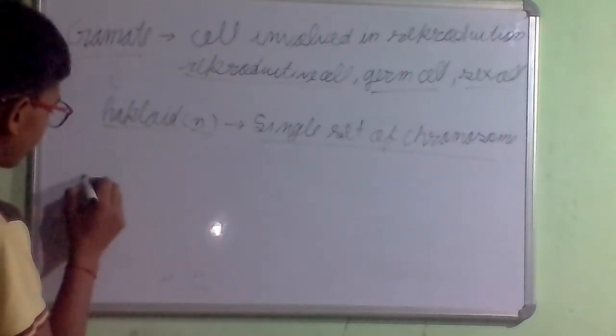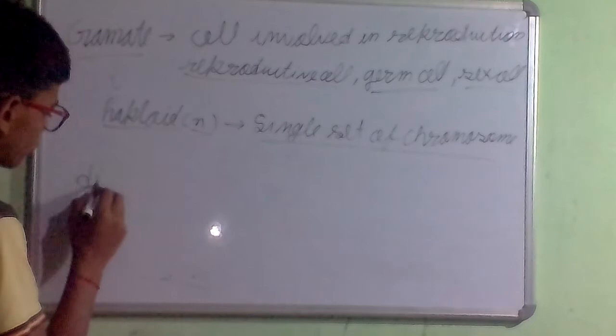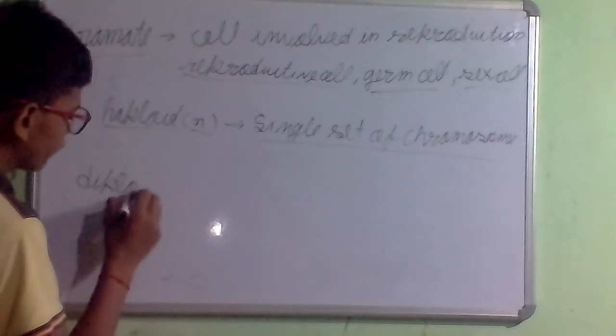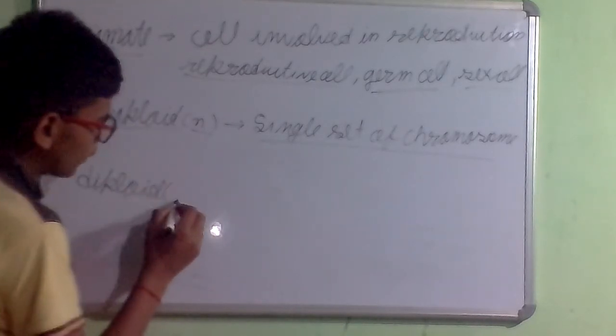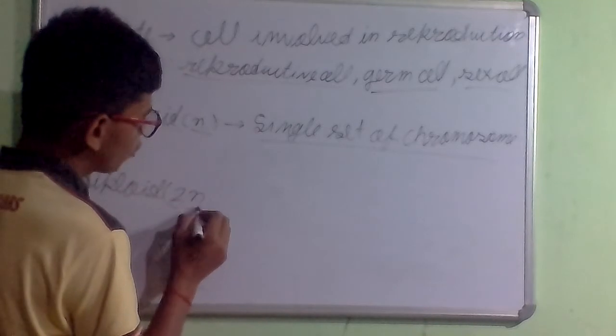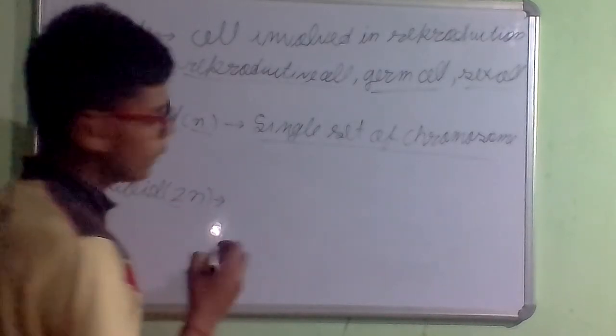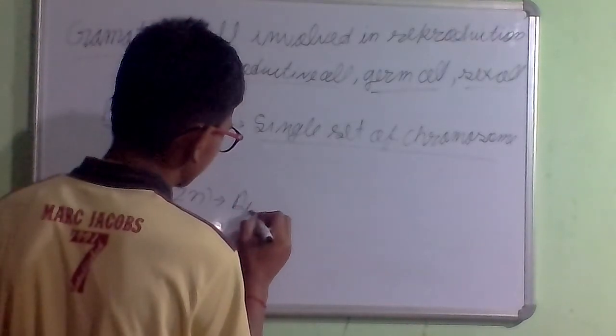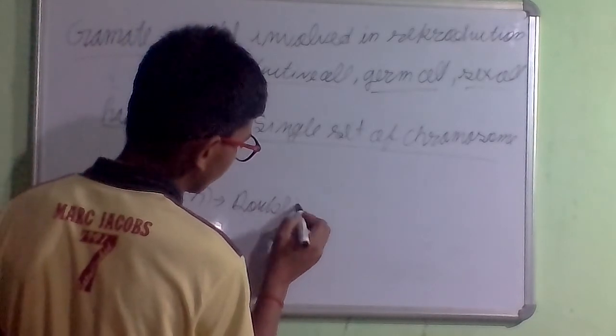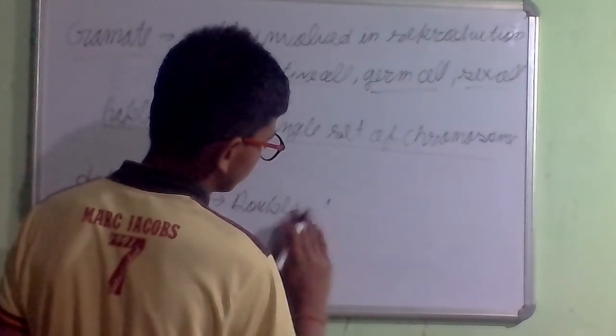Diploid cells are denoted by 2N. These carry a double set of chromosomes.